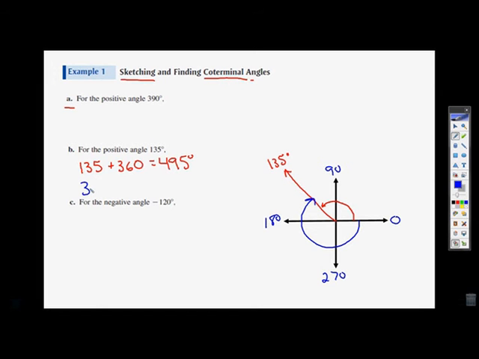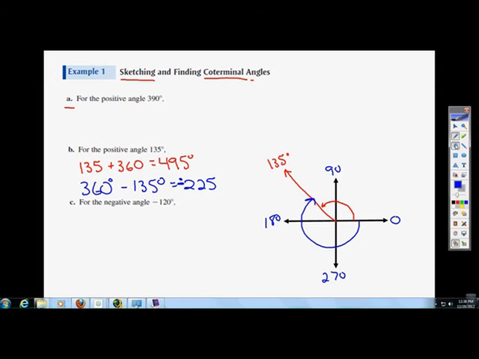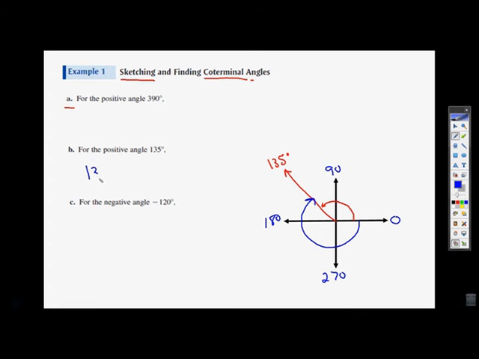I could say 360, a full circle, minus the 135 that was given is going to give us 225 degrees, and we just want to remember that that is a negative angle, negative 225. Or we could sort of just reverse that. My given angle was 135. I'm going to subtract a full revolution of 360, and that will give me the negative 225.